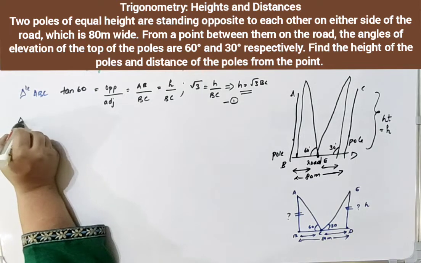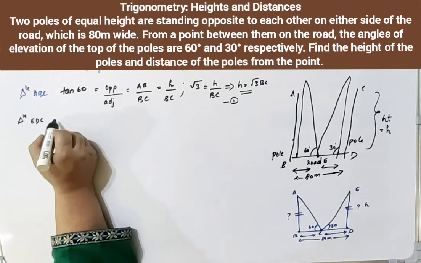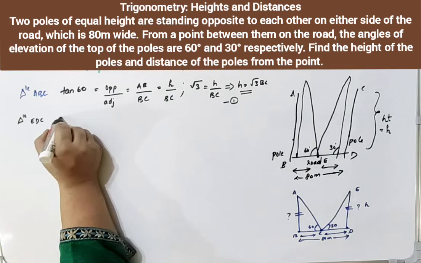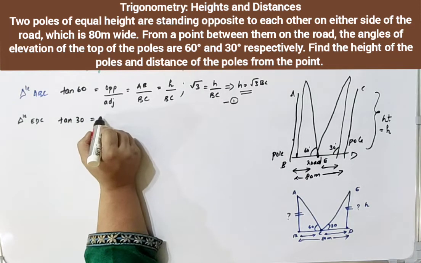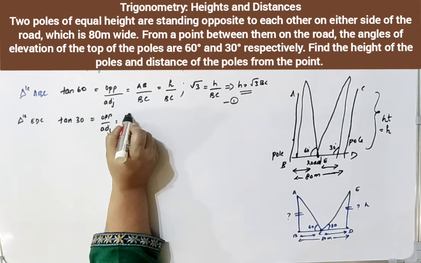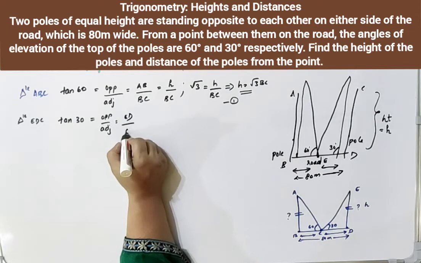Now let's take triangle EDC, and the angle we have is 30 degree. So we'll take tan 30. Tan 30 is opposite side by adjacent side. Opposite to 30 is ED by CD.